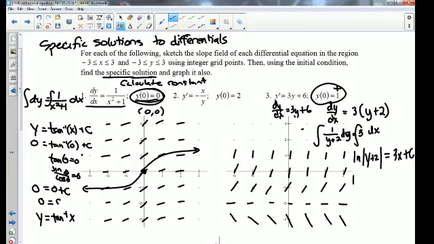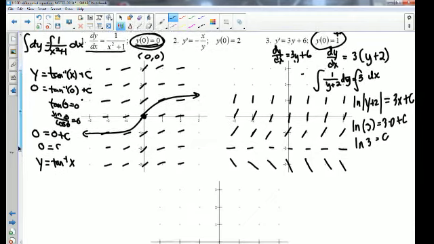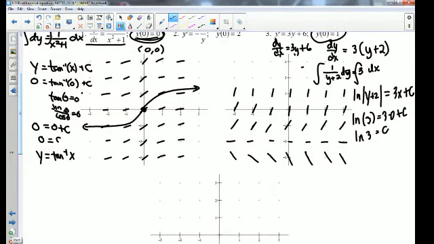All right, so we have ln of 1 plus 2, so ln 3, equals 0 plus c. So the natural log of 3 is the constant. And then we have to rewrite and solve for y. So we have natural log of y plus 2 equals 3x plus ln 3.